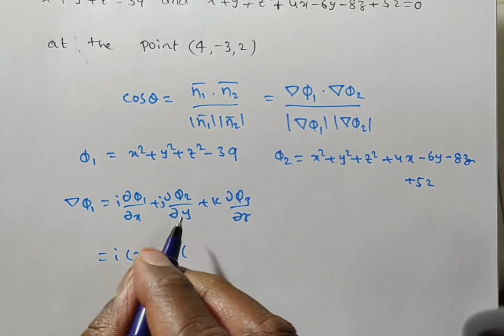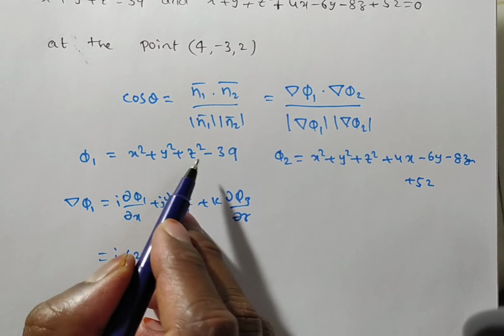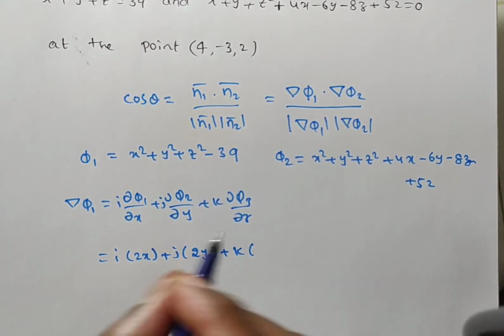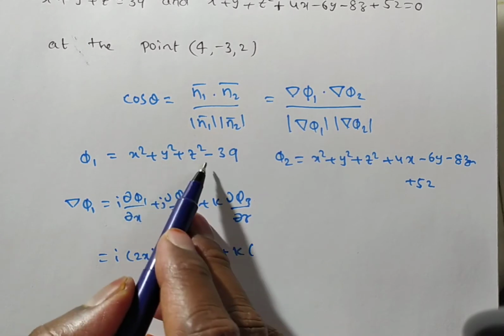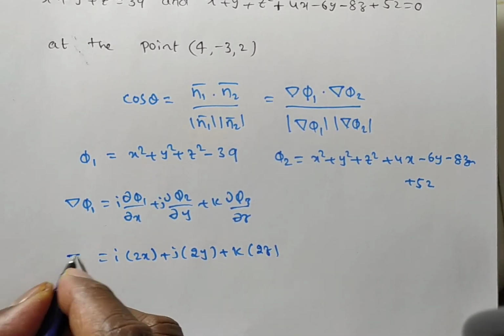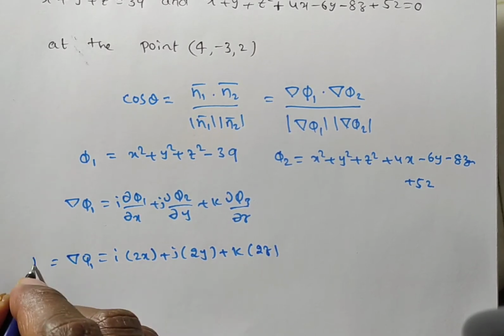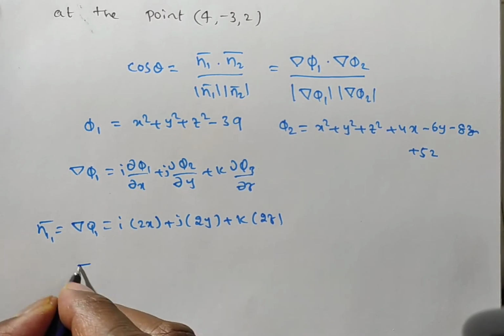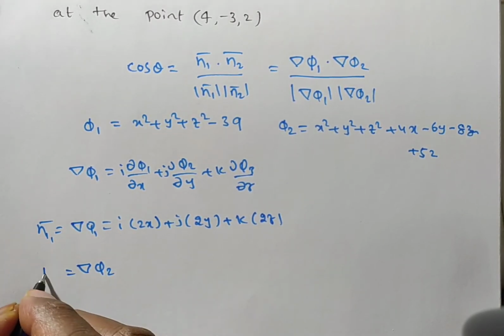Plus j into, with respect to y, we get 2y. Plus k into, with respect to z, we get 2z. So now you have del π1, that is n1 bar. Clear for you. Now I need del π2, that is n2 bar.